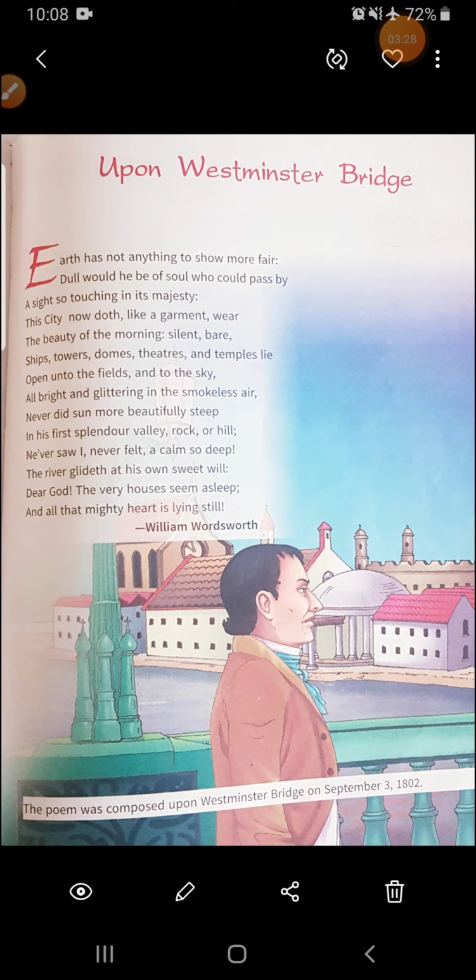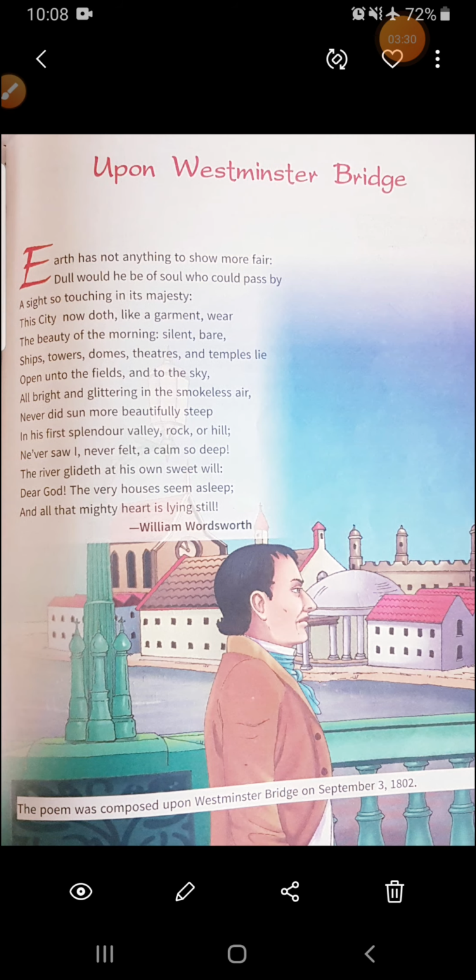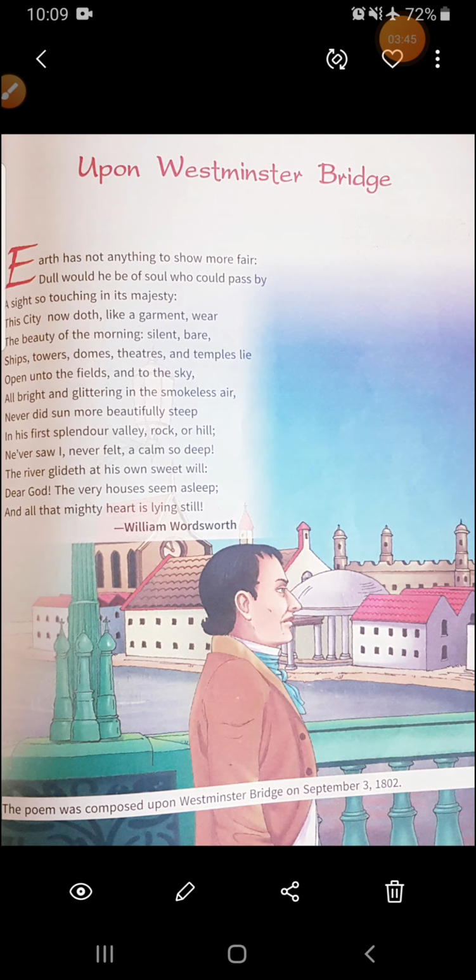If you see this second line, it is saying that earth has not anything to show more fair, dull would he be of soul who could pass by. So the poet is saying that earth has never shown anything more beautiful than this. So he's exaggerating about the beauty that he has seen there on that bridge.